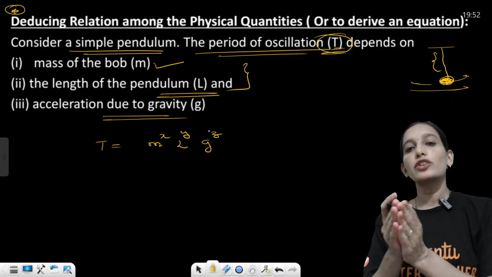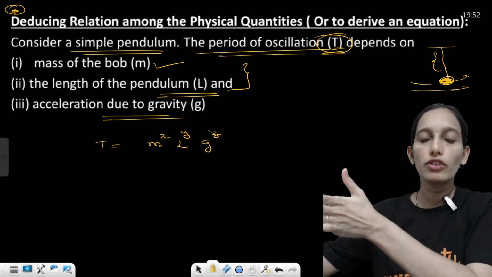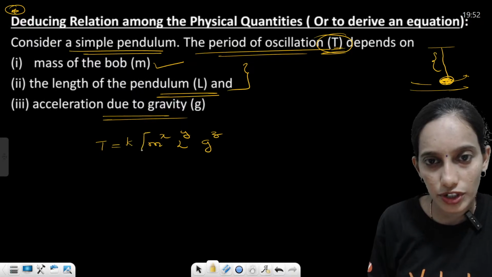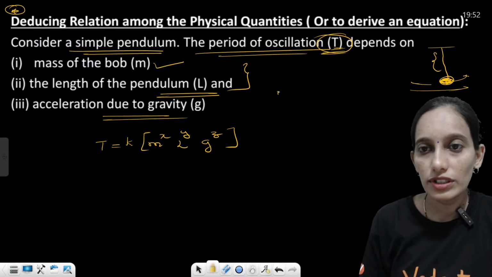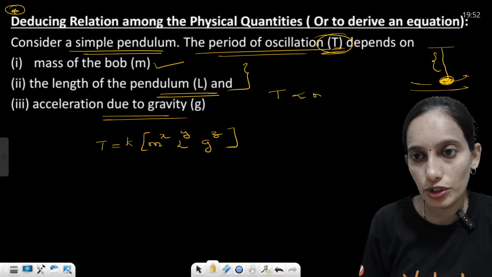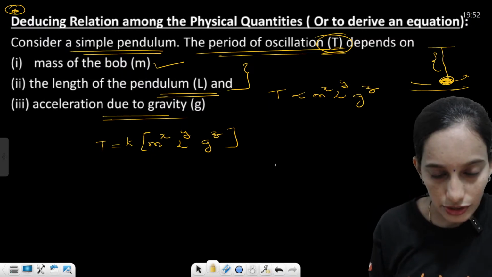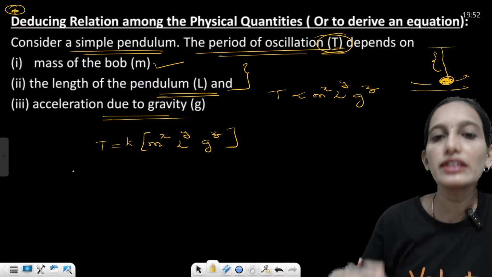I have to find out on what power of length, mass, and g it depends, and there can be some constant which we will not know by the method of dimensions. So time period is directly proportional to m raised to x, l raised to y, g raised to z. And now we will write down the dimensions.